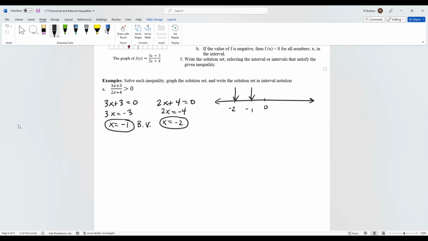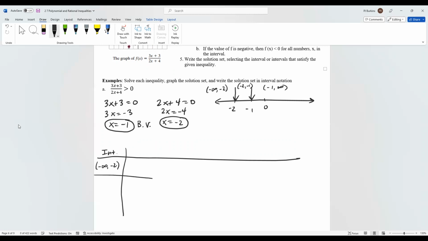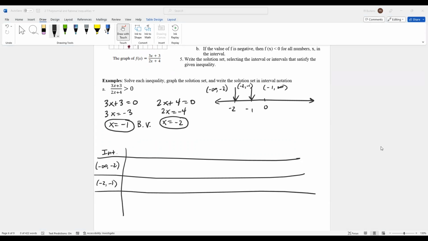So the intervals are -infinity to -2, not included, -2 to -1, not included, and -1 to infinity. So we make up our table, starting with the interval. And we have all the ones we just stated. So let's put these here. So the last one here is -1 to infinity.